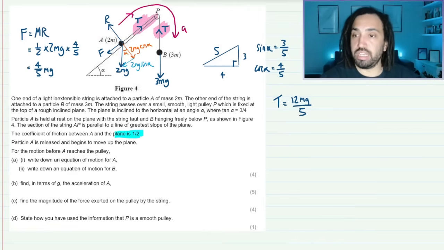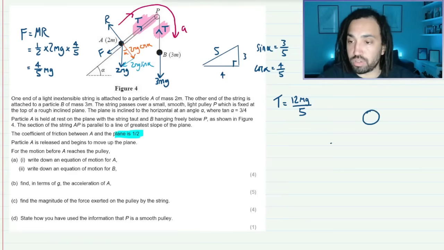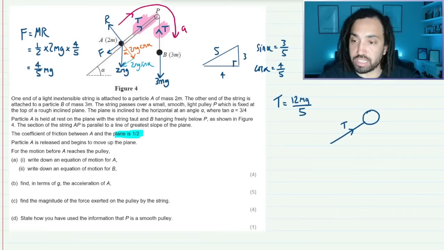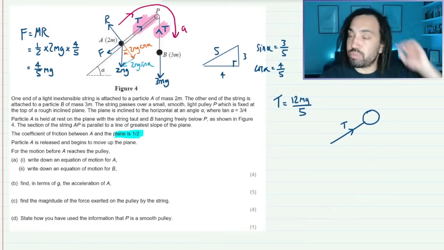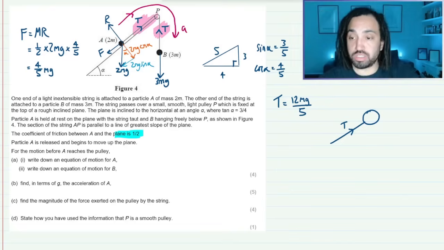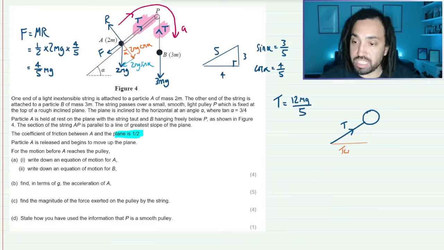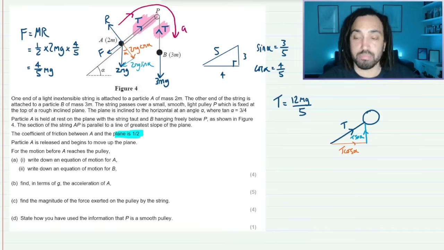Okay, so let's look at the pulley again. We've got tension coming in like this, and that's problematic because really we just want to find the magnitude. We want the horizontal and all of the vertical components, and then we can just do Pythagoras on it. So this one will be T cos alpha coming in like this, and this one will be coming up like that. That will be T sine alpha.